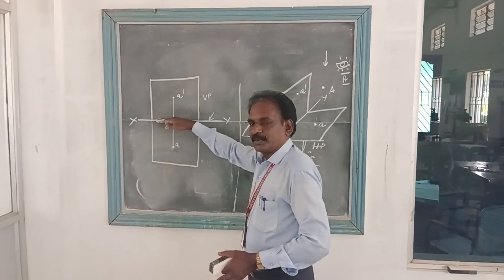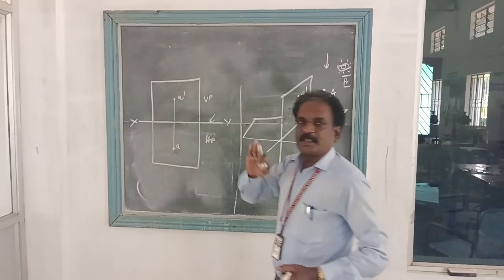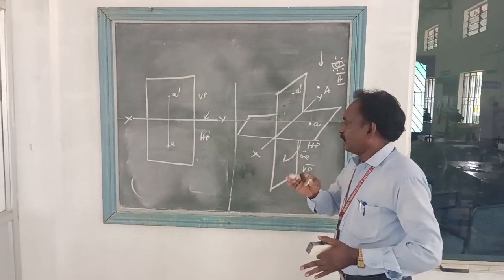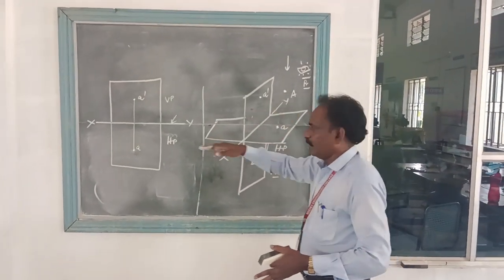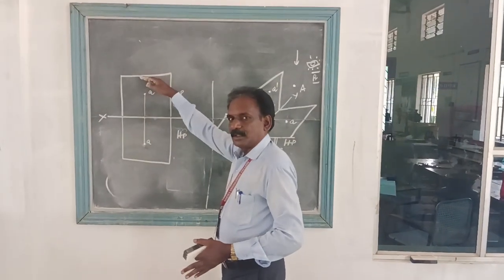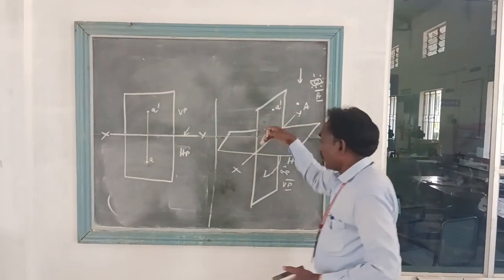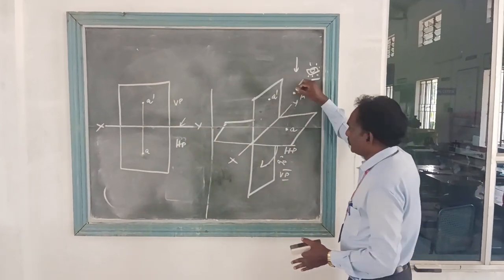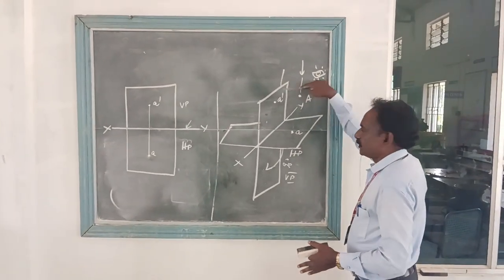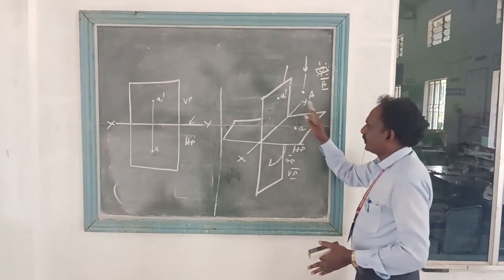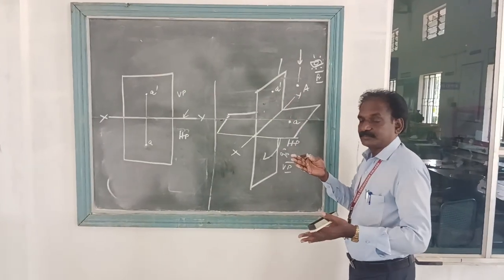The normal top view will come below the XY line. So if you want to take any distance above HP, it is automatically above the XY line. If you want to take any distance in front of VP, this is the distance between the plane and the object.